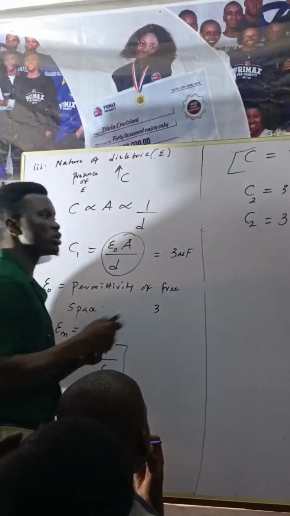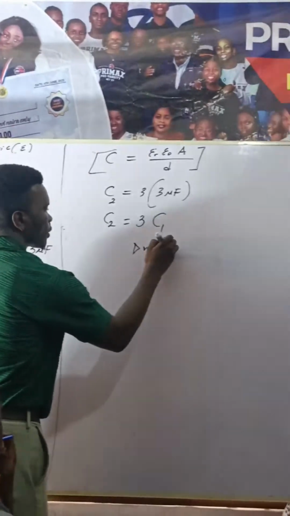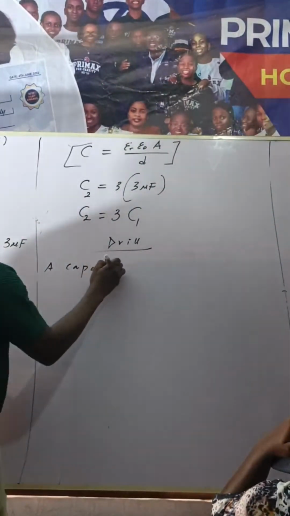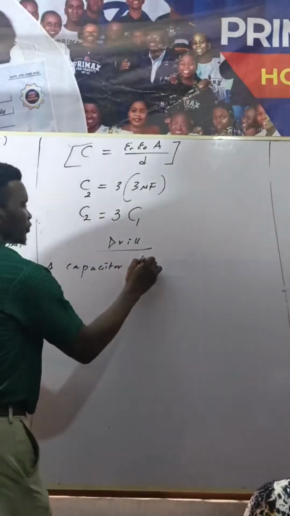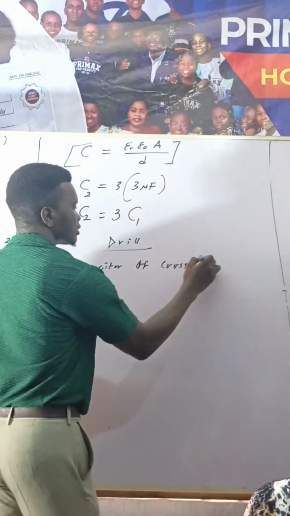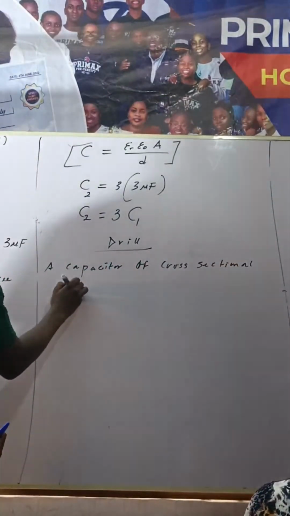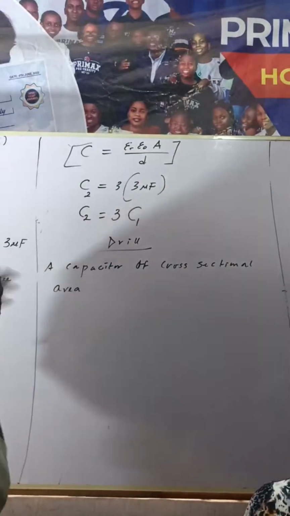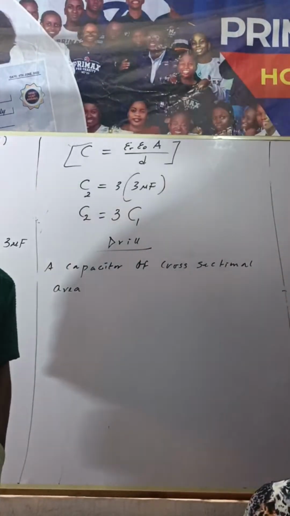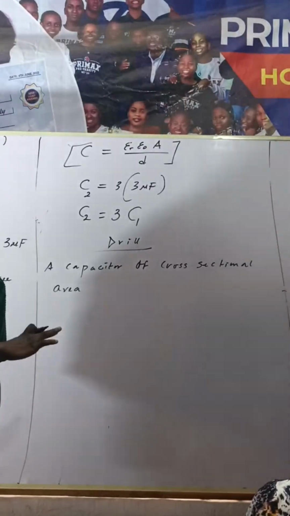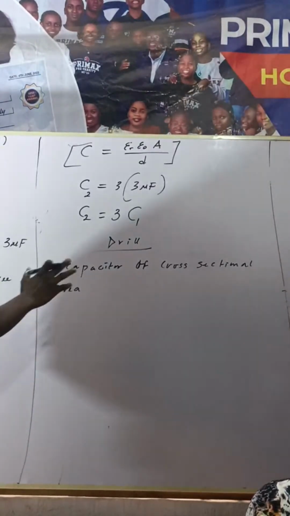Let's take a drill. A capacitor of cross-sectional area, and this is where you have to also be careful. Most times they test how you convert units. They don't like giving it straight.